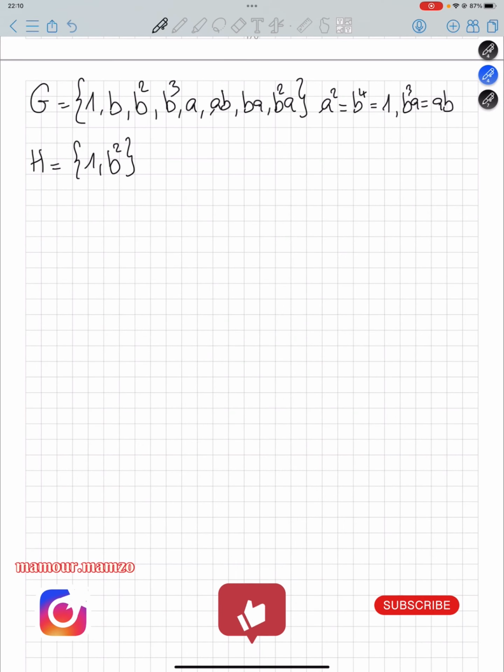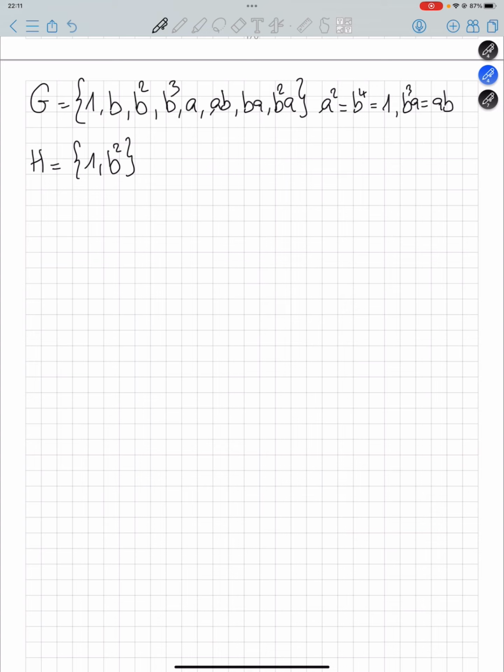So we have our group G with 8 elements, and we have our subgroup H with 2 elements, right? So order of G is 8, then order of H, which is the subgroup, is 2.